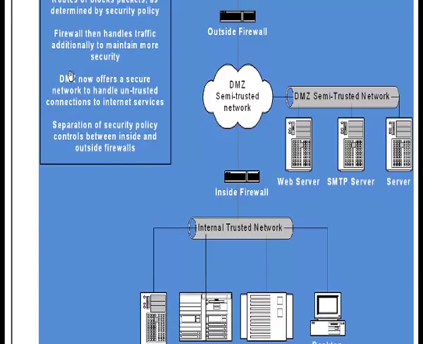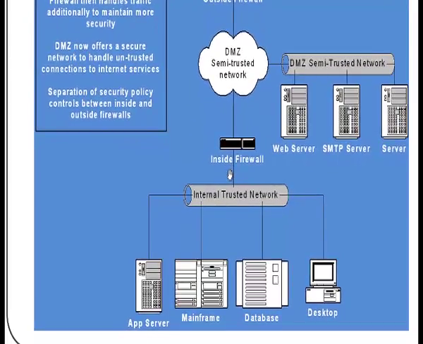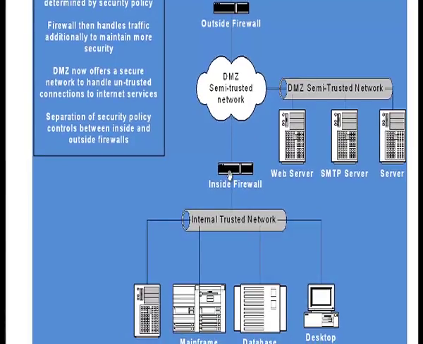Now, we have the demilitarized zone. The DMZ offers a secure network to handle untrusted connections to the internet service, and also the separation of security policy control between inside and outside. So, I can write a separate policy statement for the internal user as well as for the external users.